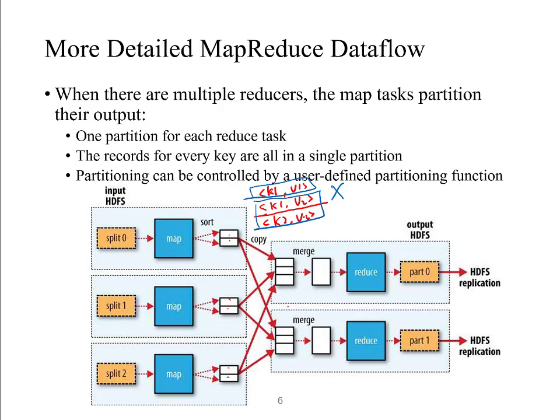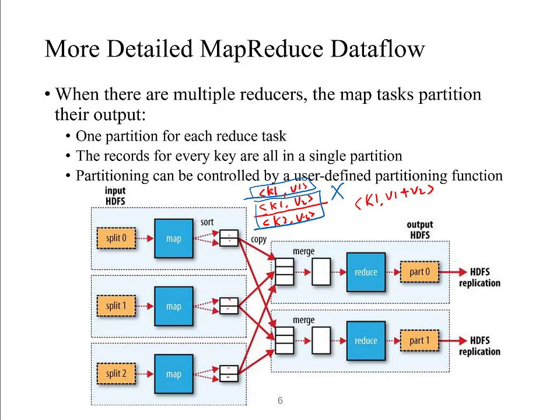Say we want to sum up the values for the same key, right? What we need is key 1, v1 plus v2. We cannot do that, because reducer 1 only has key 1, v1. Reducer 2 has key 1, v2. So they cannot add v1 and v2 together. So this is not an option.